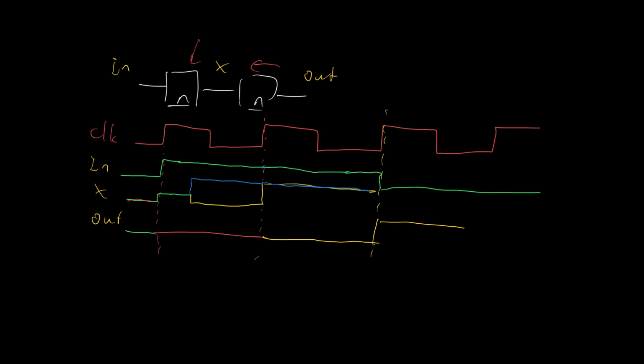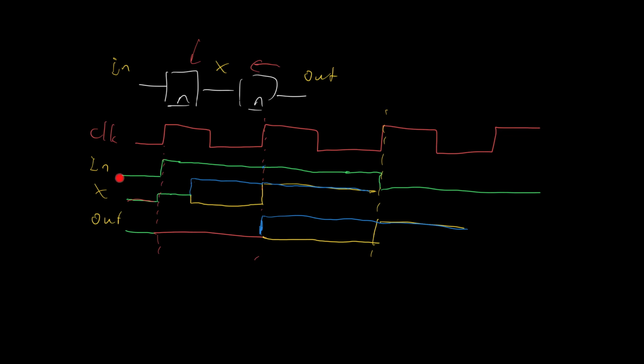If the first flip-flop had been following the blue path, then our output is going to, at this point, take a photograph of the blue curve and jump up 1 clock cycle earlier. And so the key observation is that the output is either going to detect the transition at in 1 clock cycle later, or it will detect it 2 clock cycles later.